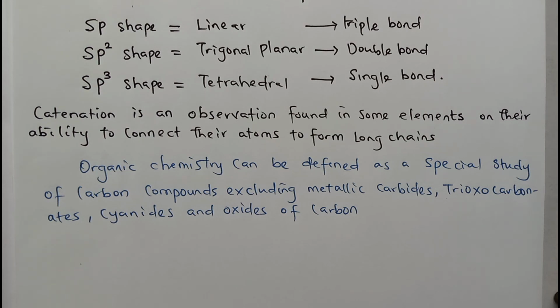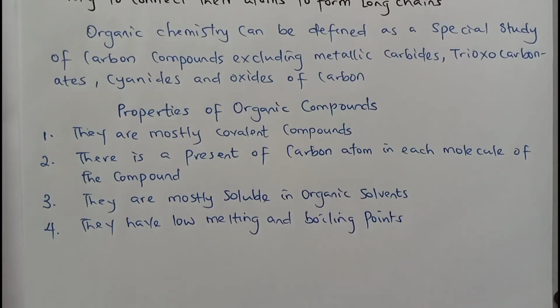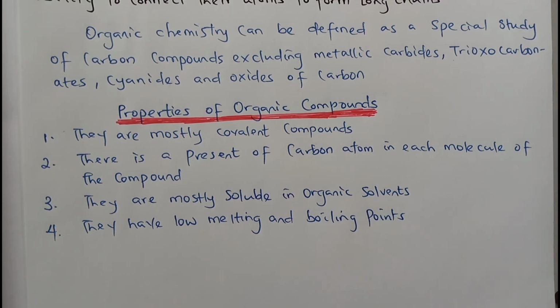If we just remove these, the remaining carbon compounds are what we know as organic compounds. How can we identify organic compounds? There are properties that we can use to identify organic compounds. They are as follows. If we have any compound that has the following as its properties, then we can say that they are organic compounds.